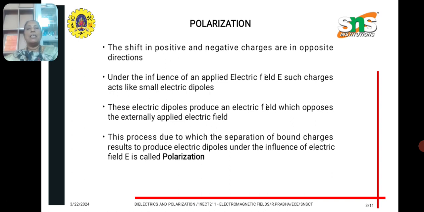So we can say that it is an electric dipole. These electric dipoles produce an electric field which opposes the externally applied electric field. This process, in which the separation of bound charges produces electric dipoles under the influence of electric field E, is called polarization.